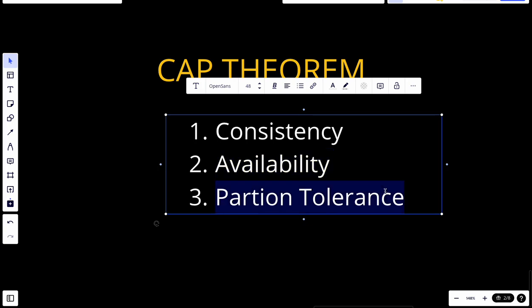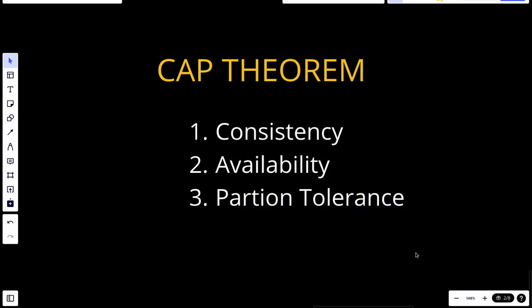A partition indicates a communication break between two nodes. Partition tolerance means the system continues to operate despite network partitions. The CAP theorem states it is impossible for any distributed system to simultaneously provide more than two of these three guarantees: consistency, availability, and partition tolerance.